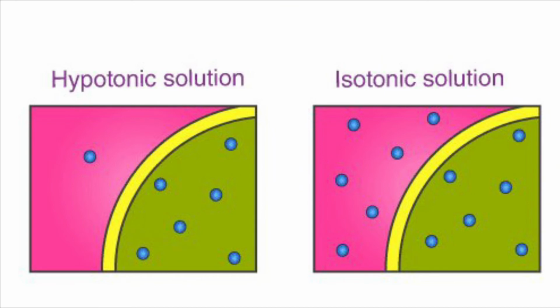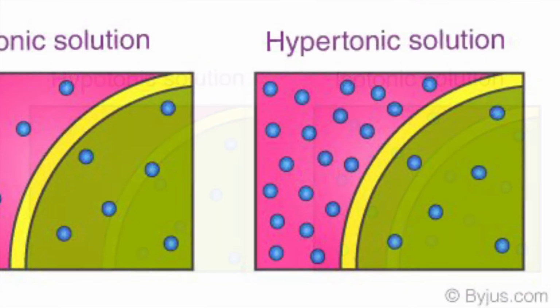As we can see in the diagram, in the isotonic solution we have barely any net passage of water, and in the hypertonic solution, we can see that the water has full access to the solution.